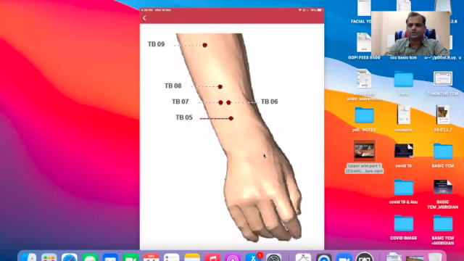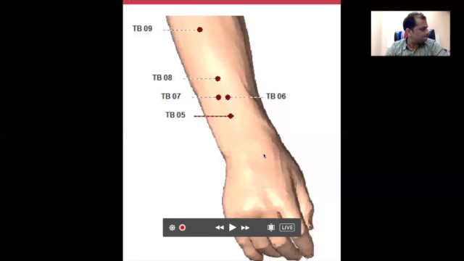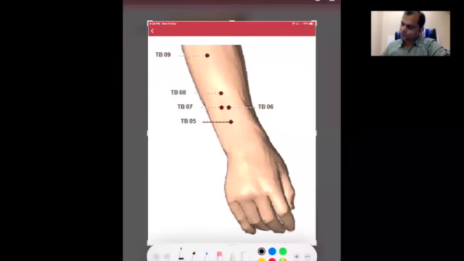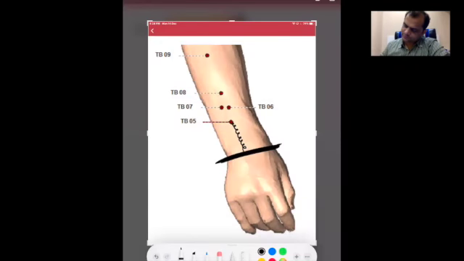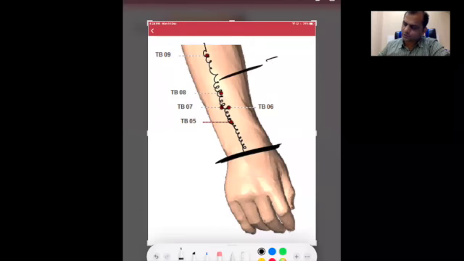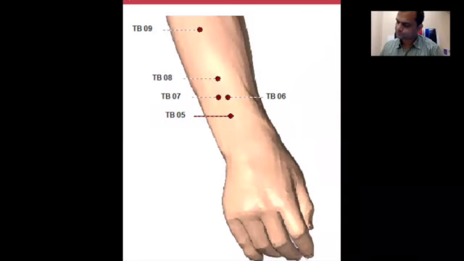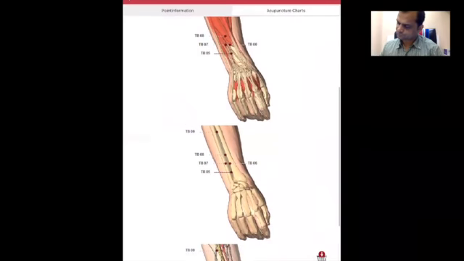If you look at this position, from the dorsal wrist crease, if we go in the center, this is the location of the triple warmer meridian. Let's see in the other image. Look at this image.